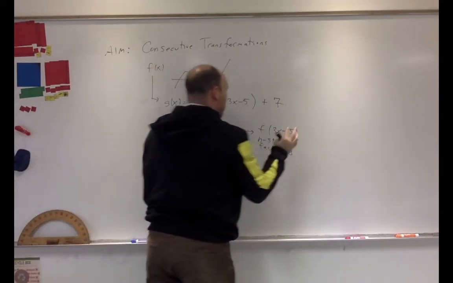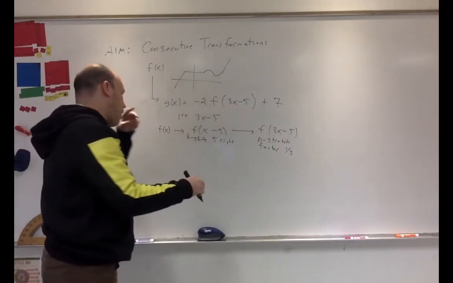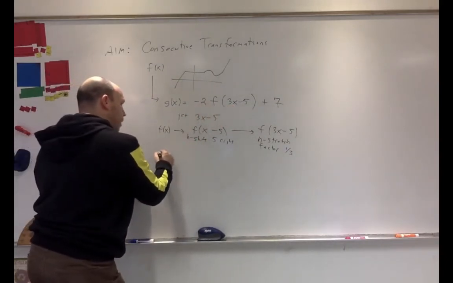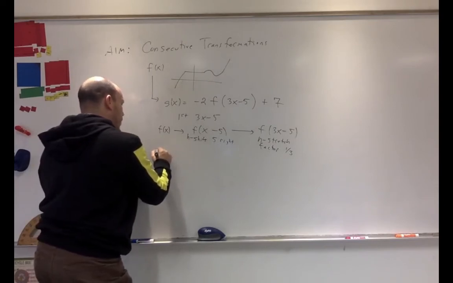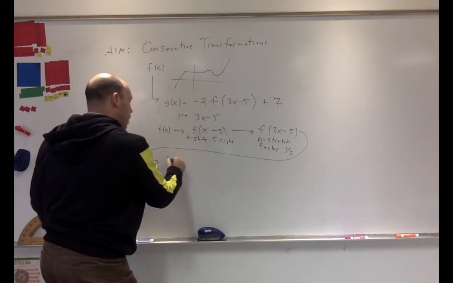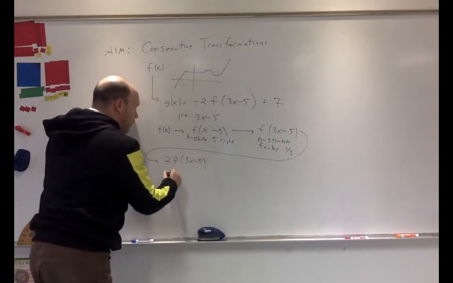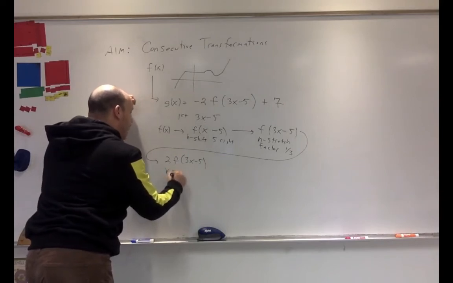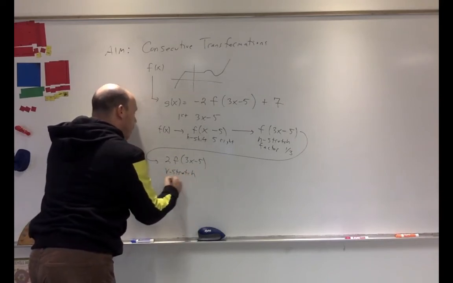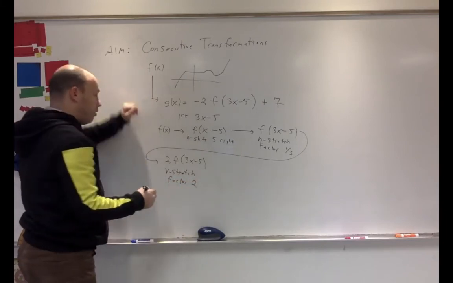Well, what's the next thing that's going on here? We have 2 times f of 3x minus 5. This is a vertical stretch by a factor of 2, right?